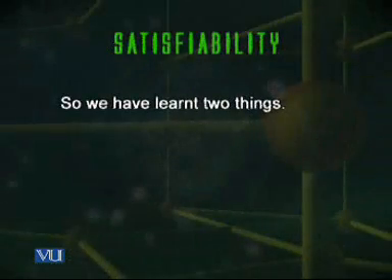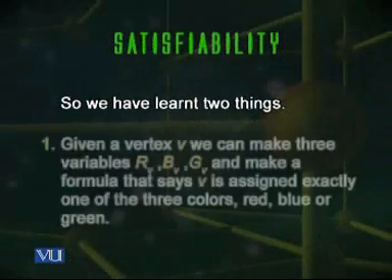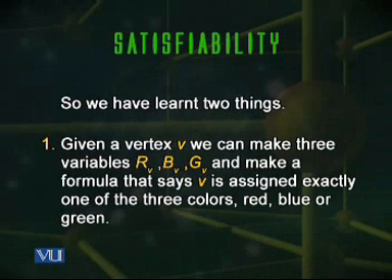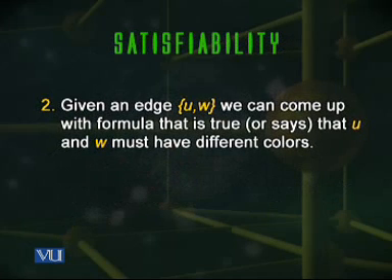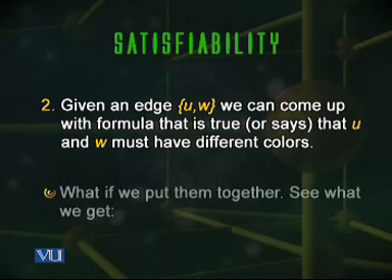We have learned two things. Given a vertex V, we can make three variables RV, BV and GV and make a formula that says V is assigned exactly one out of the three colors red, blue and green. Given an edge U, W, we can come up with a formula that says that U and W must have different colors. What happens if we put them all together?